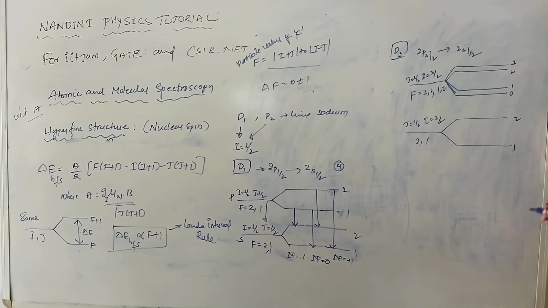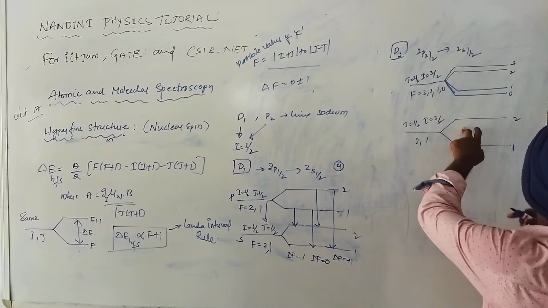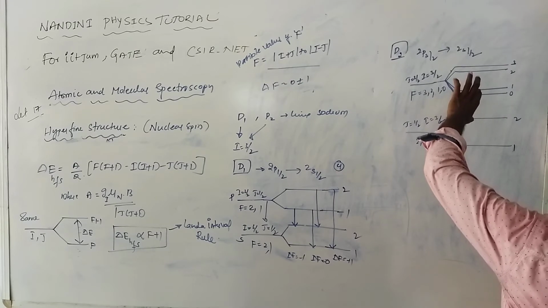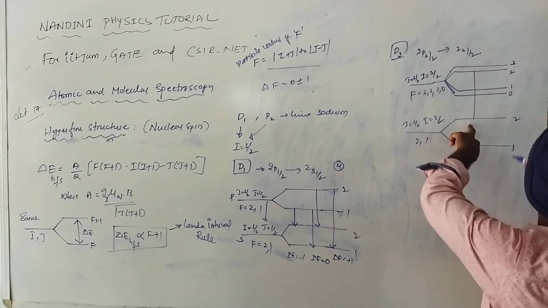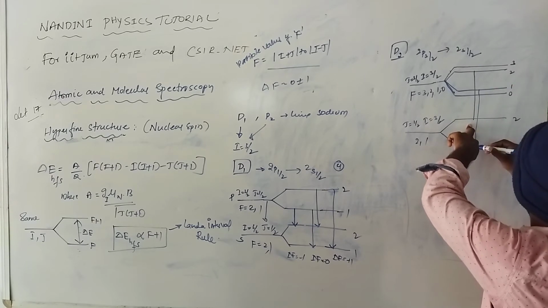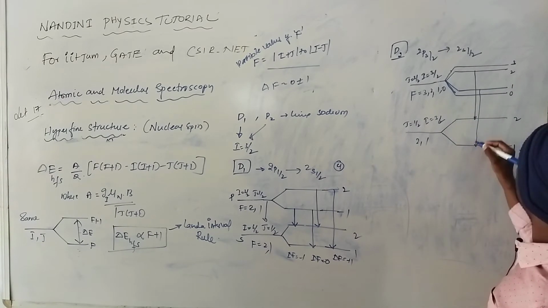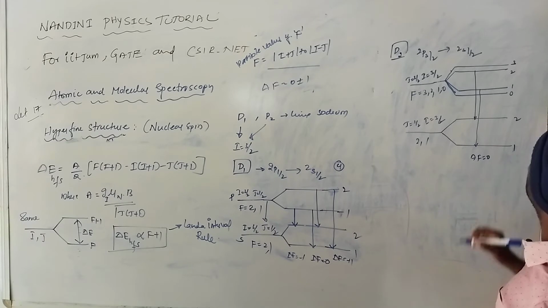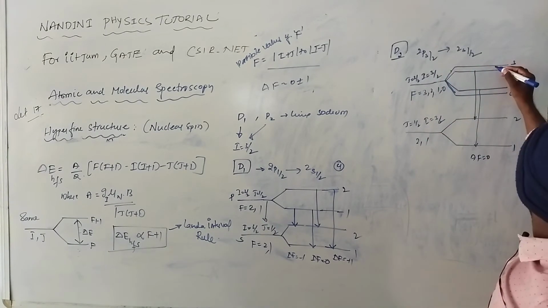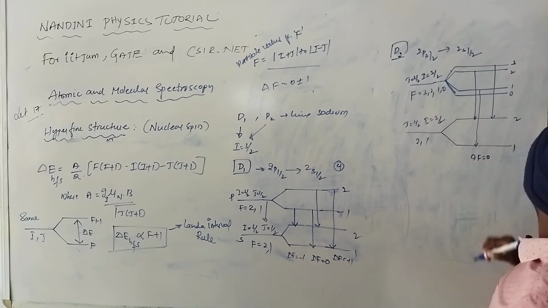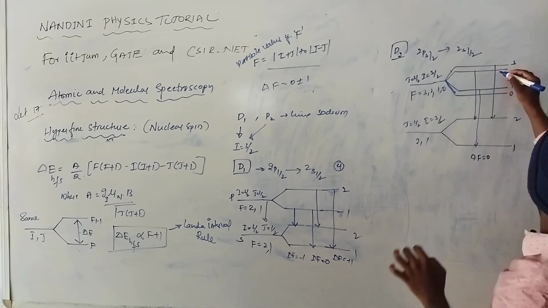See carefully. Okay, so delta F is equal to 0. So when will we get 0? 2 to 2 is 0. Similarly 1 to 1 is also 0. You will get these two transitions with delta F equal to 0. And take 3 to 2, that is 1, and similarly 2 to 1 is 1.